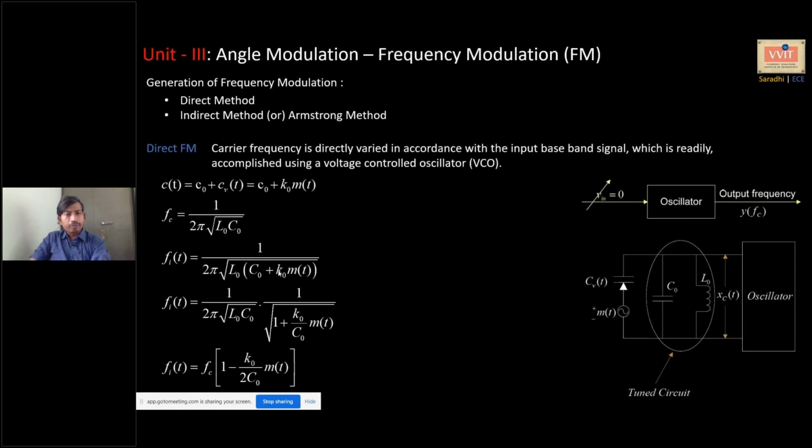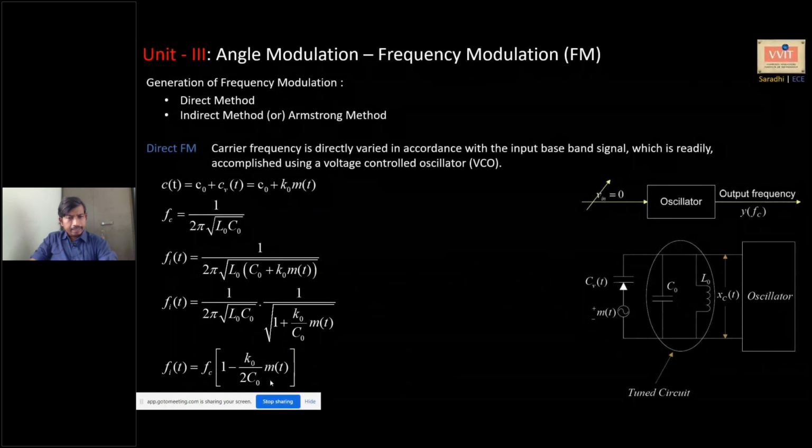So, instantaneous frequency after some simplifications: we take this 1 by 2 pi square root of L0 C0 outside, so that the expression is like 1 plus x whole to the power of minus 1 by 2, where x is a very small quantity, and using its approximation, instantaneous frequency becomes fc into 1 minus K0 by 2 C0 m of t. So now you have your instantaneous frequency in terms of the message signal.